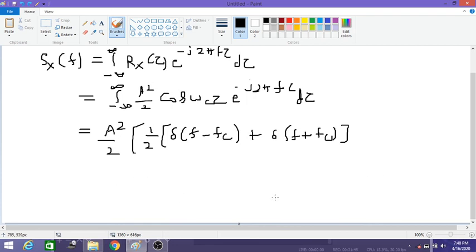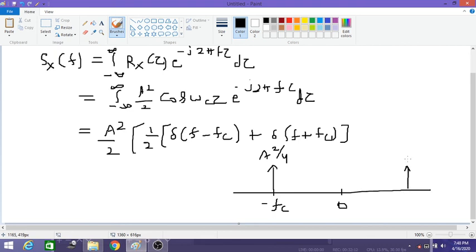If you plot these terms on the frequency spectrum graph, this is 0, and now f minus fc, for example, there is some f, so f minus fc might be some term here, that is minus fc, and its magnitude is here, that is a square by 4, and f plus fc is one more term here on the right side, so again it is a square by 4, this is fc.